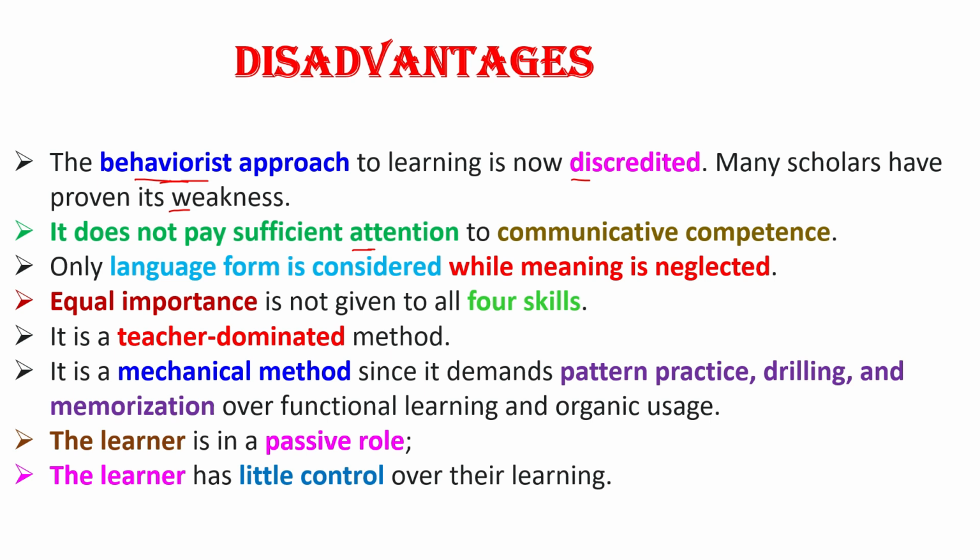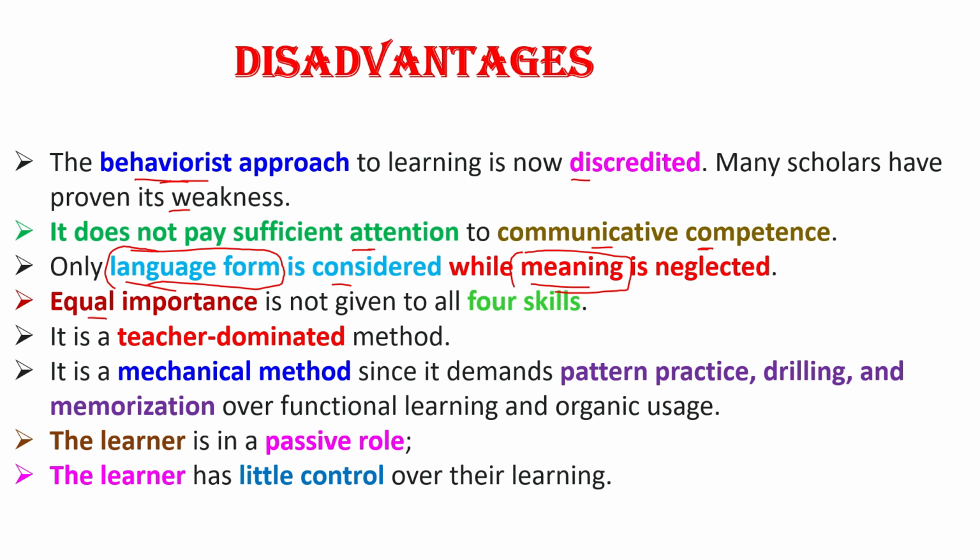Yes, the audiolingual method is not paying sufficient attention to communicative competence. So that is the disadvantage here. Only language form is considered while meaning is neglected. Yes, the teacher is focusing on language form. They are neglecting the meaning. In this method, meaning is neglected and language form is focused.